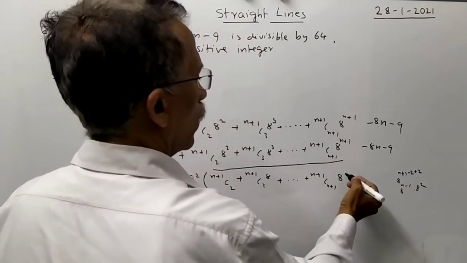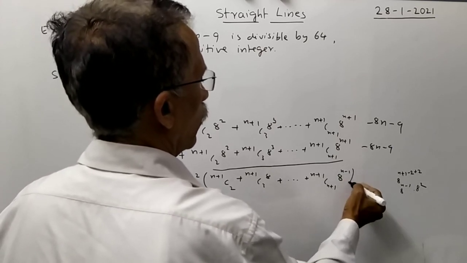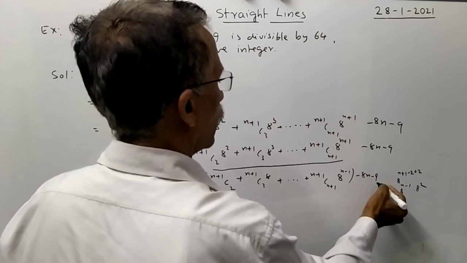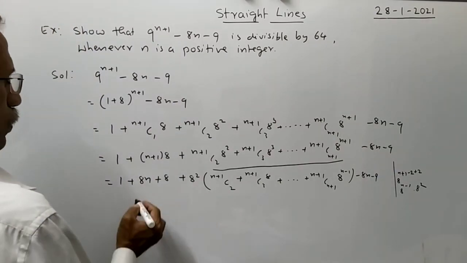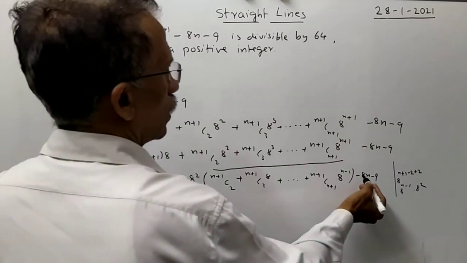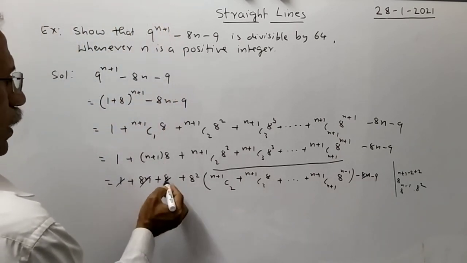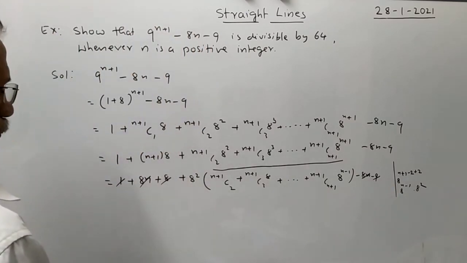When you take 8 square, what is left is 8 raised to the power n minus 1, and minus 8n minus 9 you can keep as it is. Now plus 8n and minus 8n cancel. 1 plus 8, 9 minus 9, we can cancel.